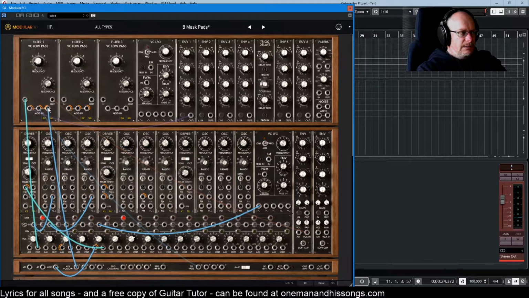If I take it away again, in fact, let's just set this to 0. So the key follow is having no effect on the tone at all. Make it positive.